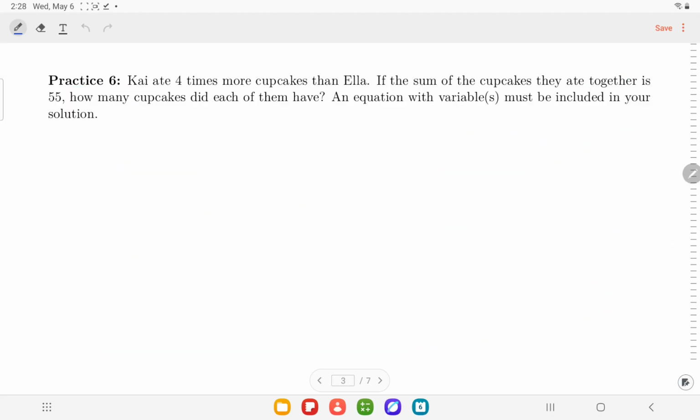So let's do another practice question. Here we have Kai and Ella, and Kai ate 4 times more cupcakes than Ella. So we can make the variable E to be the number of cupcakes that Ella ate.